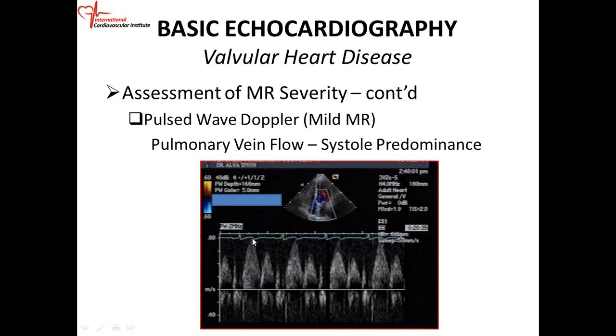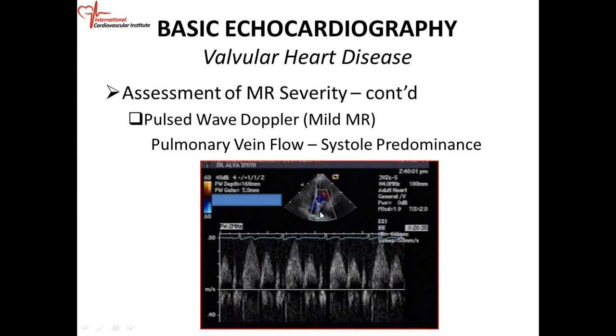You have a systolic component and a diastolic component. You have systolic predominance; you see that the systolic velocity is greater than diastolic velocity. This is what a normal pulmonary vein flow looks like, or what you're going to get if you have mild mitral regurgitation. You get a systolic, diastolic, and an atrial flow reversal.